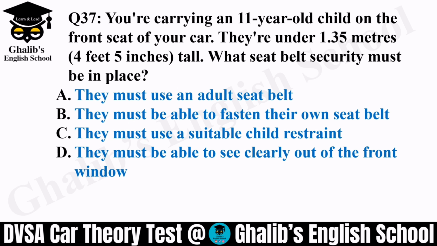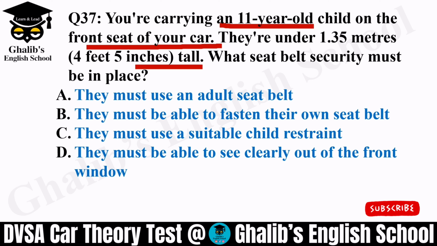Question 37. You are carrying an 11-year-old child on the front seat of your car. Age limit, and the child is on the front seat. They are under 1.35 meters, 4 feet 5 inches tall. The height, what seat belt security must be in place?